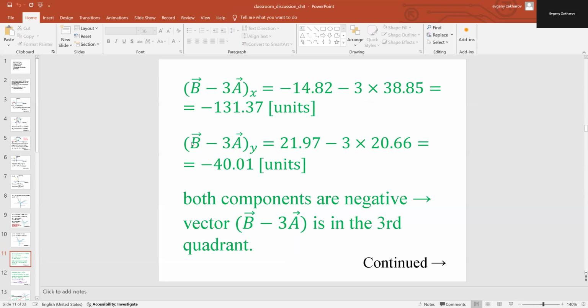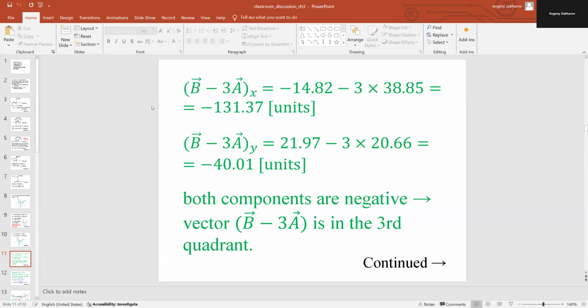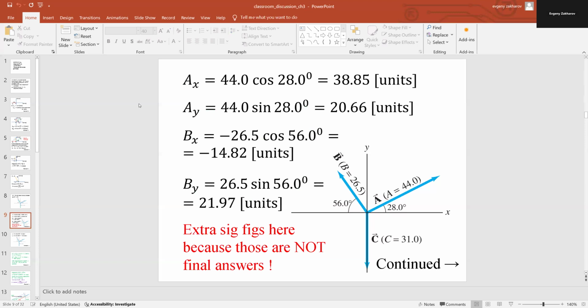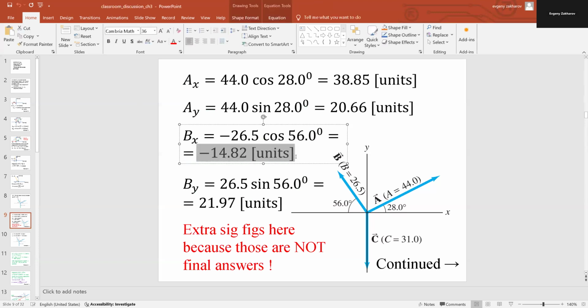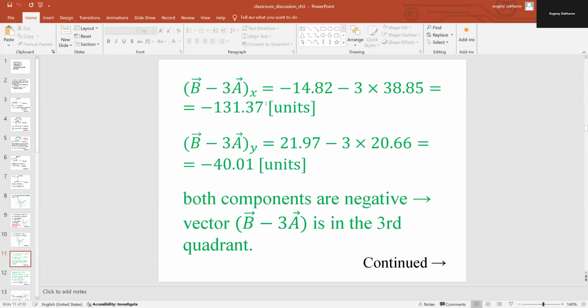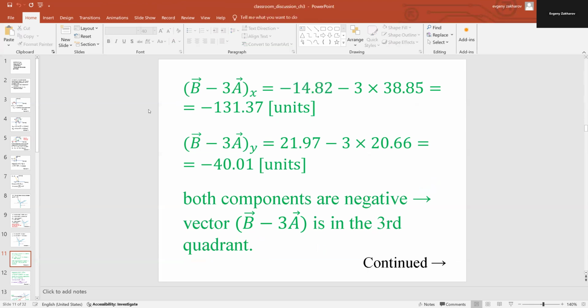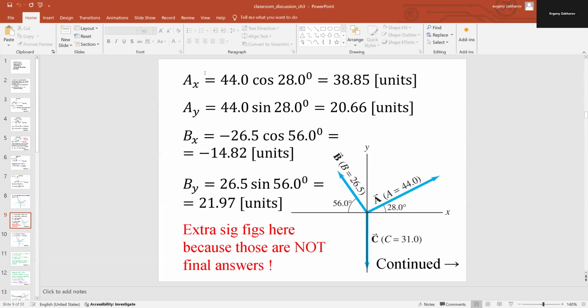Okay, it's not just A plus B this time. It's B minus 3A. And first, we have to deal with x components. So what's B sub x? B sub x is negative 14 and the change. And you have to subtract 3 times A sub x. What's A sub x?